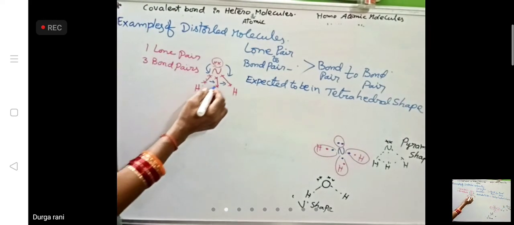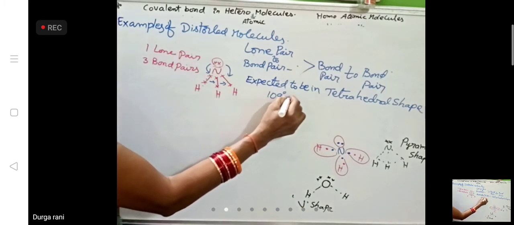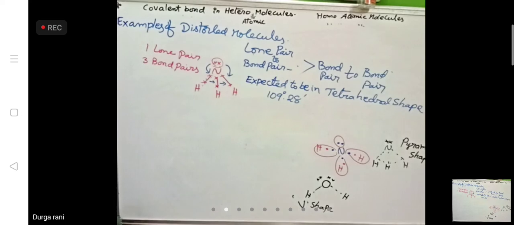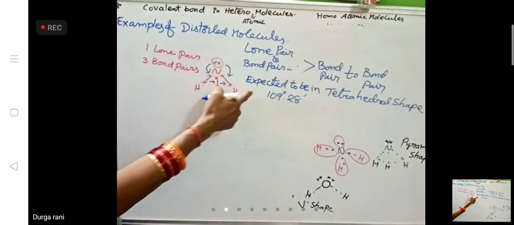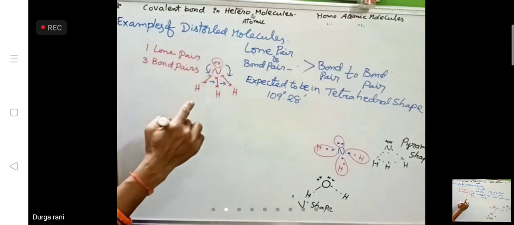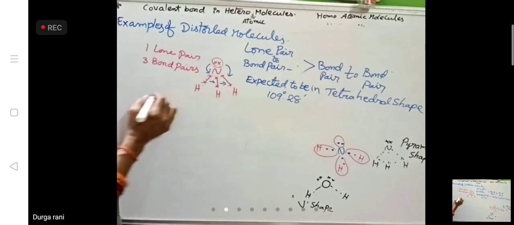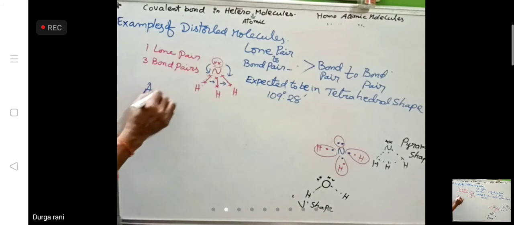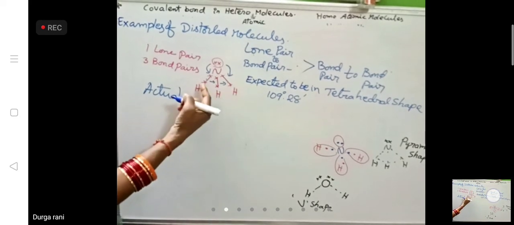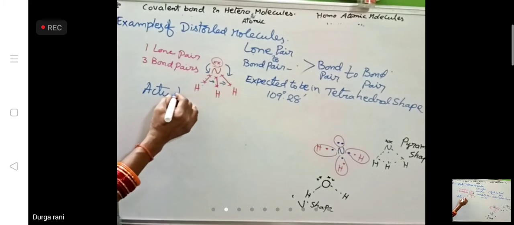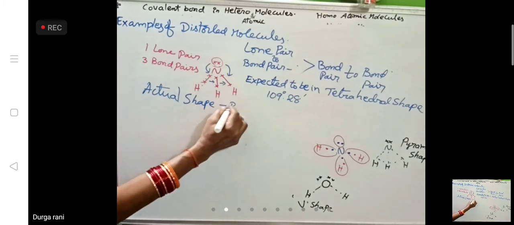You see, the bond angle should be 109 degrees 28 minutes, actually for the CH4 molecule. This is also expected to be like this. But actually, what is the shape of this NH3 molecule? Pyramidal shape.